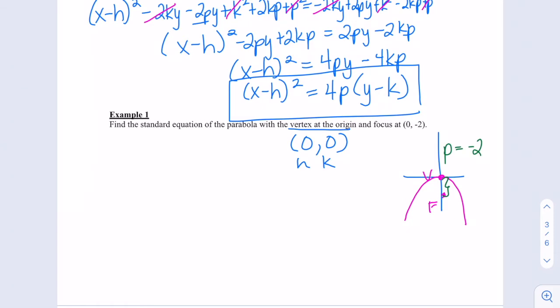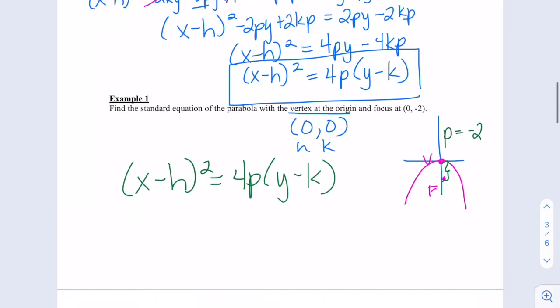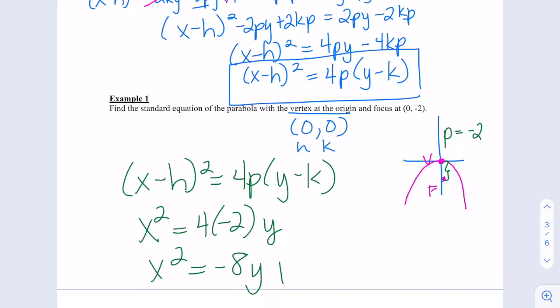So thinking about the equation, we know that (x minus h) squared equals 4p times (y minus k). And if we plug these values in, we know that x squared is going to equal 4 times negative 2 times y, so that's just going to be x squared equals negative 8y.